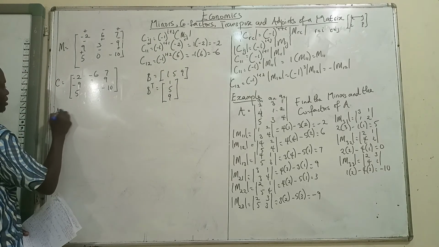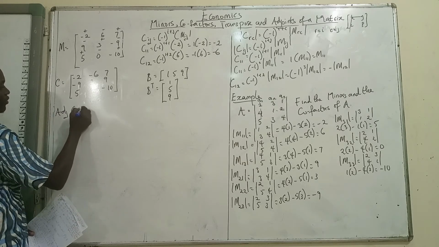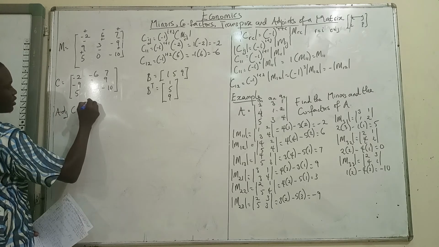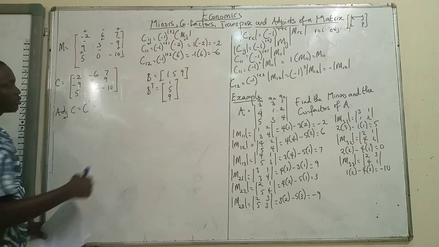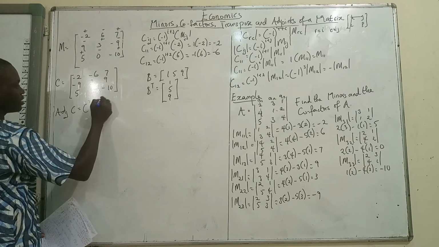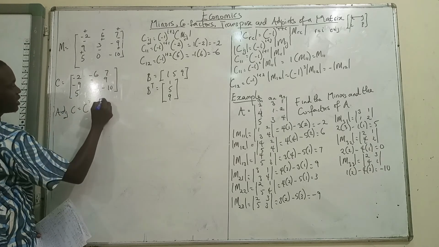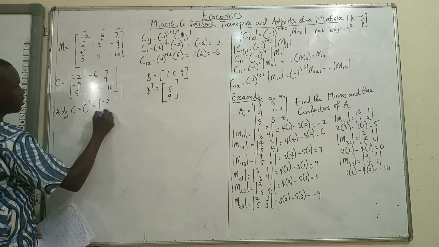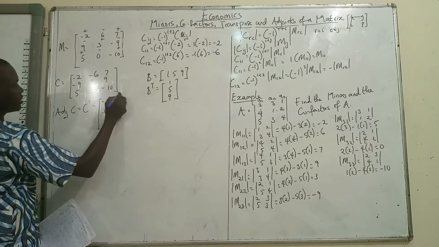So the adjoint of matrix C, the adjoint of the cofactors, is the same as the transpose of the cofactors. We denote it with a power T, or whatever your textbook uses. So minus 2, minus 6, 7 will now be on the column. Then minus 9, 3, 9 will be on the next column.